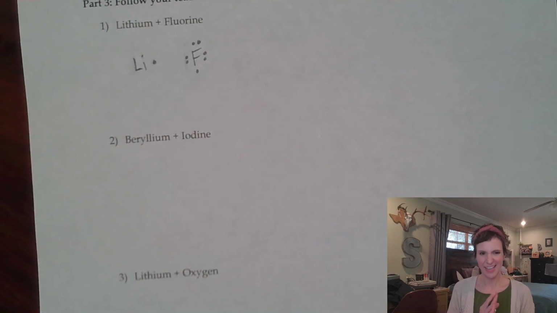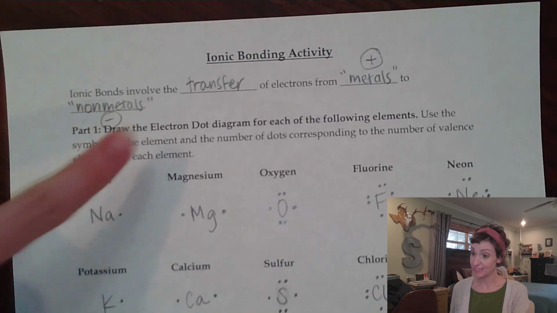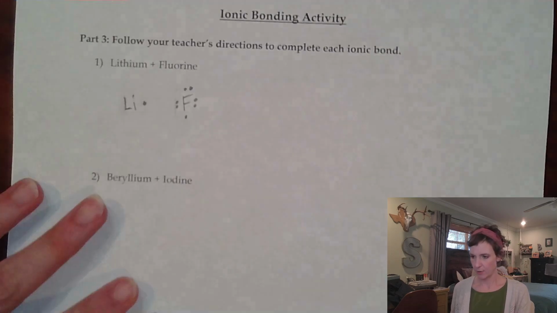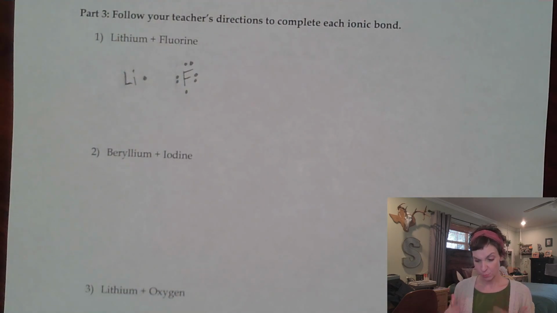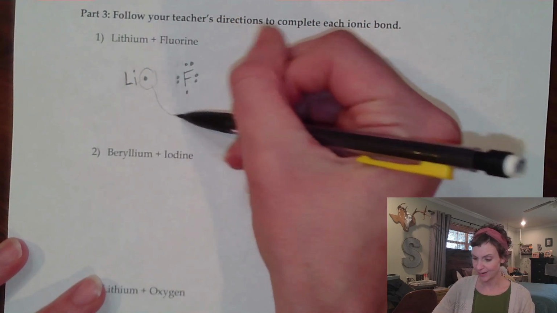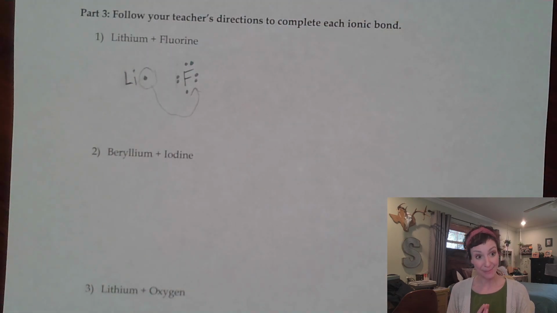Now looking at this, we know we wrote on the front of this page that ionic bonds transfer electrons from the metal to the non-metal. Well, lithium has 1 valence electron. Can he transfer that to fluorine? And in the process of transferring that electron to fluorine, will fluorine be happy?